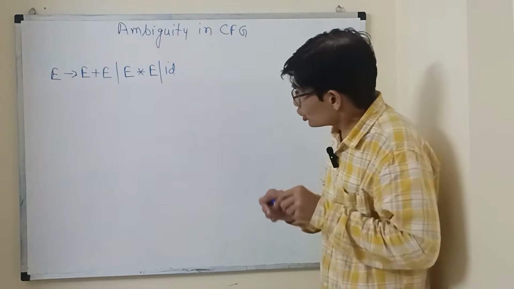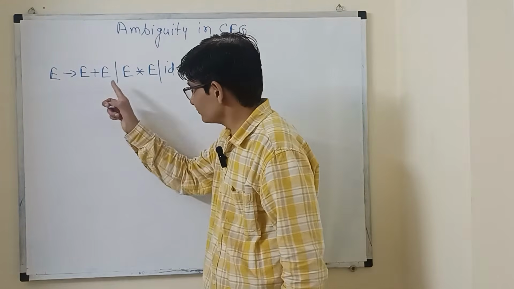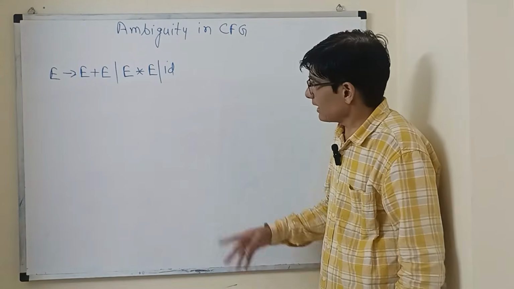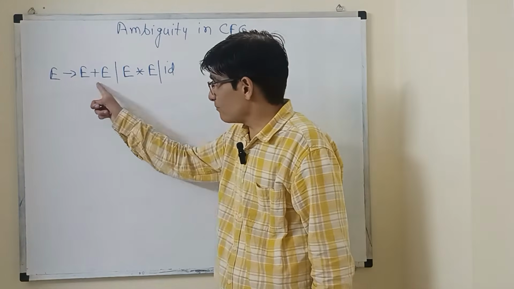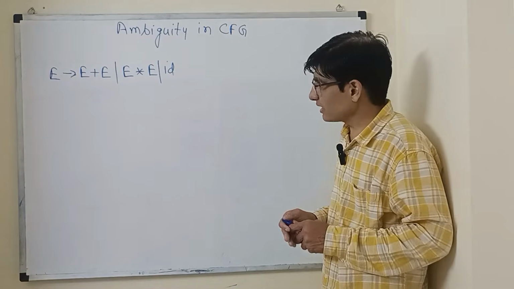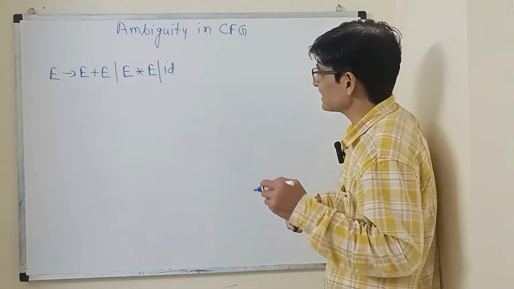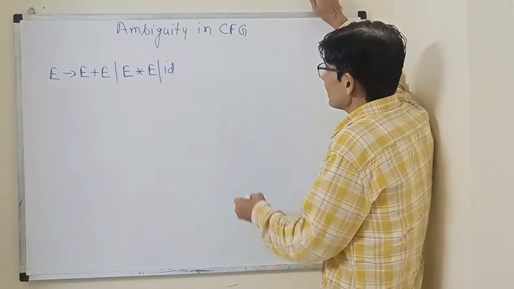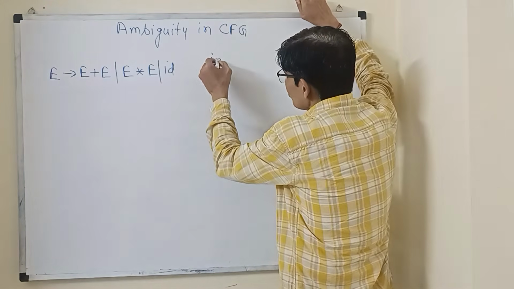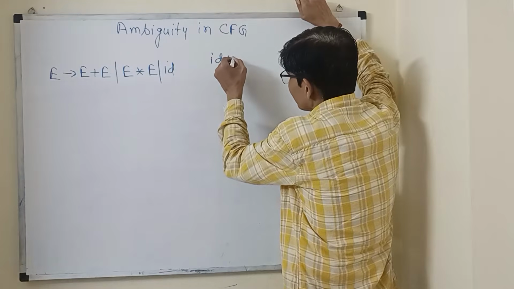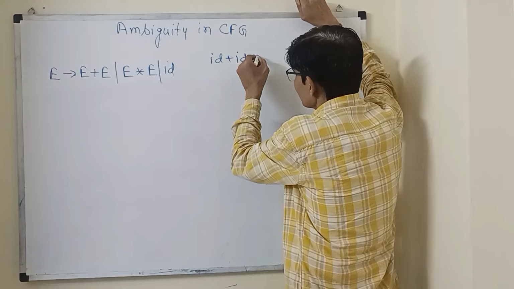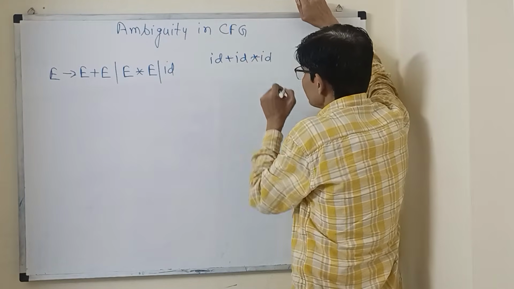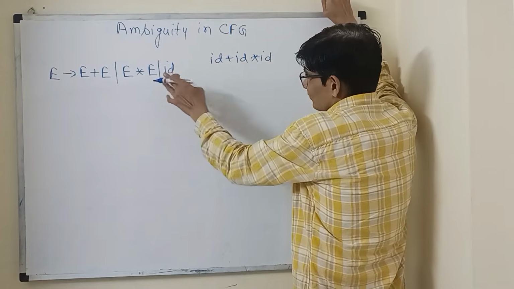So this is one grammar, and this is ambiguous grammar. Now, how is it ambiguous? I can create one string, ID plus ID cross ID, from this grammar.